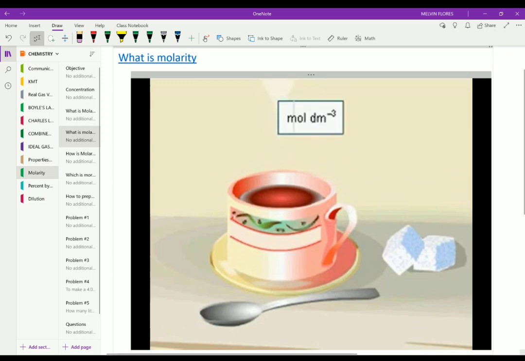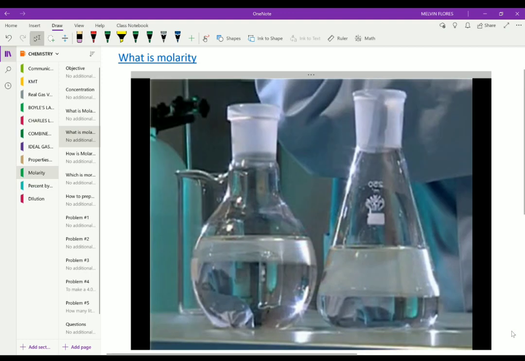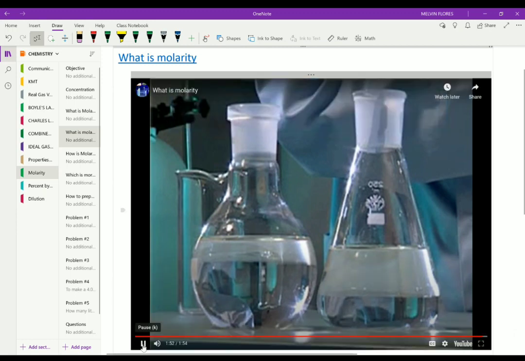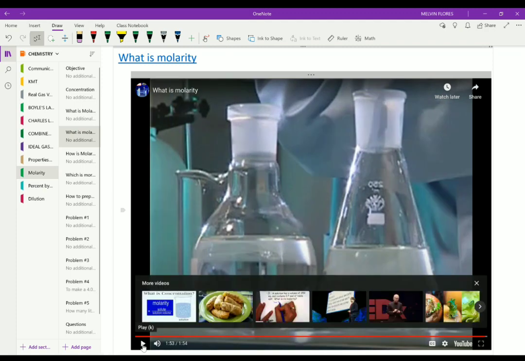Molarity is expressed in moles per cubic decimeter. A 1 molar solution of glucose or urea is a solution that contains 1 mole of glucose or urea in 1 cubic decimeter of the solution. This means that 1 liter is equal to 1 cubic decimeter.